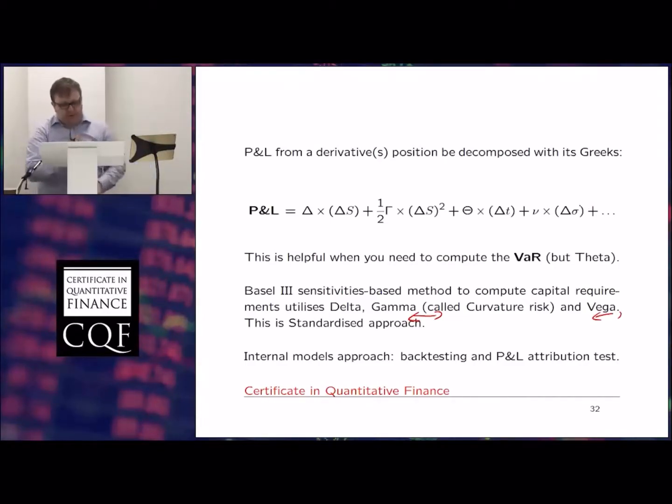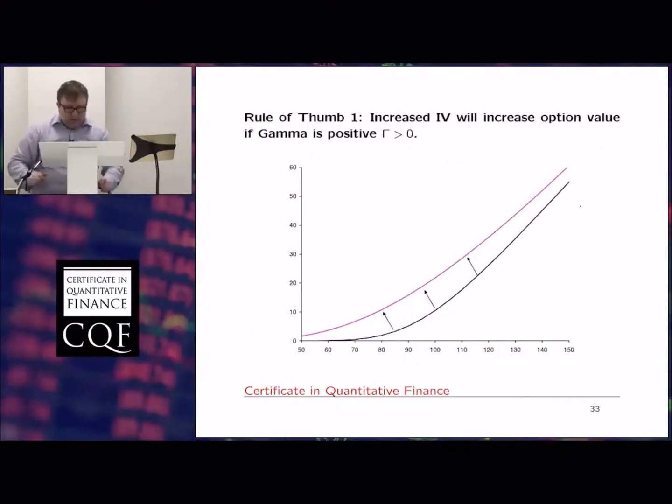It's a question, of course, which delta S, delta T, and delta vol you'll be putting into the formula. But this is the standard Basel III expansion for option risk management. Okay, if I go to these charts, I better switch to my Excel.